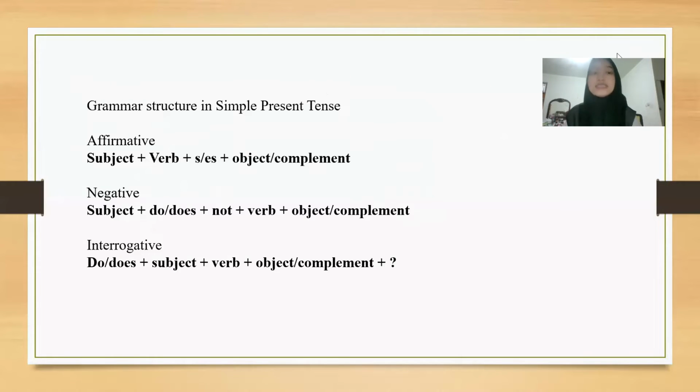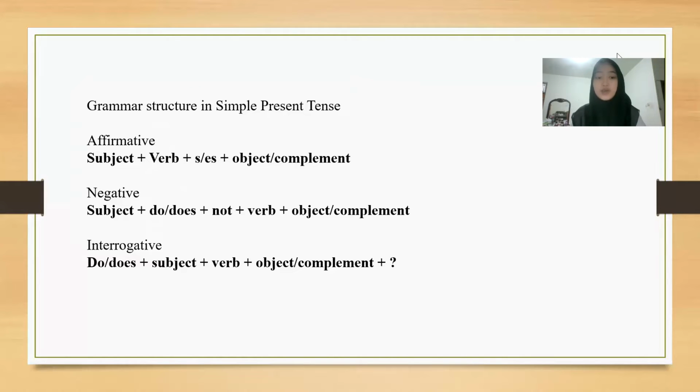And then this is the simple present tense grammatical structure for affirmative: subject (I, you, we, they, or she, he, it), and then we use verb with s or es, and object or complement. For the negative form: subject, then do or does, and then not, verb, and object or complement.